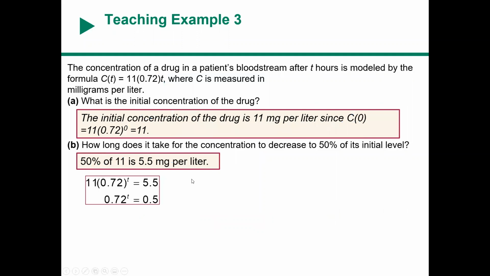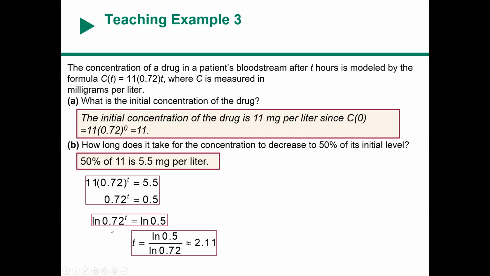So kind of going over what we did: initial concentration, found it. 50% of 11 gave us our milligrams per liter that we were trying to solve for. We divided by 11. We took the natural log of both sides. We divided by the natural log of 72 hundredths, and we got our value.